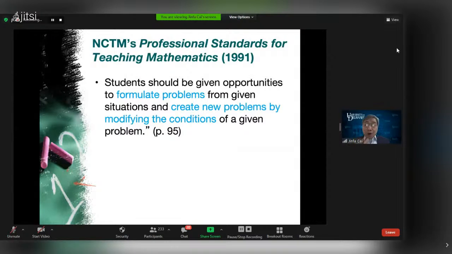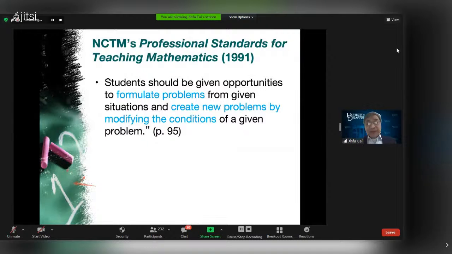So problem posing was in fact one of the highlights of the standards movement in 1989, 1990, 1991 at that time in the United States. Those curriculum standards, teaching standards, and assessment standards all include calls for problem posing.